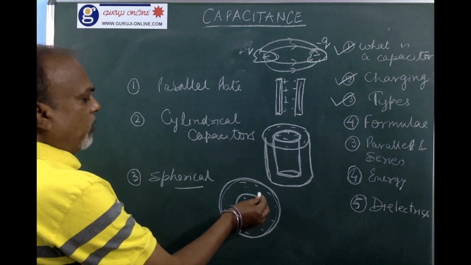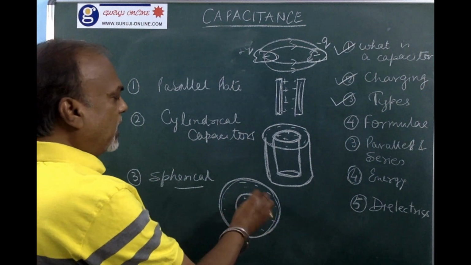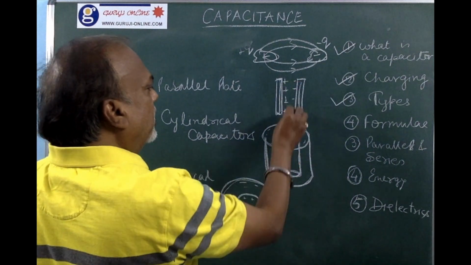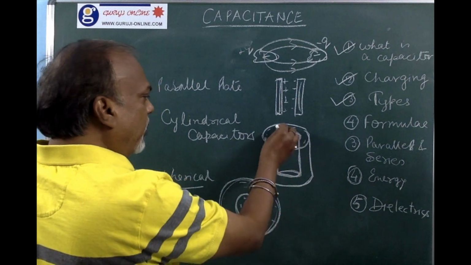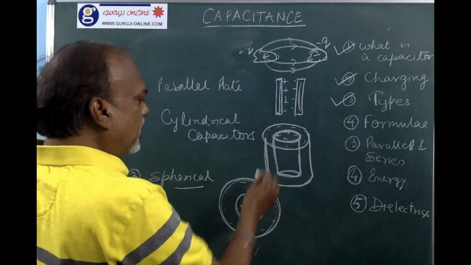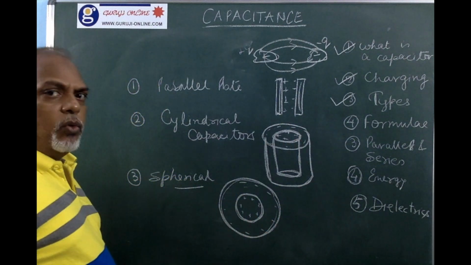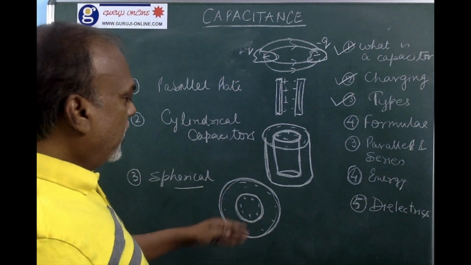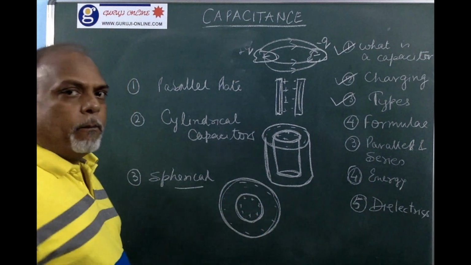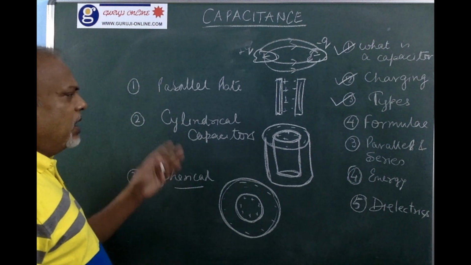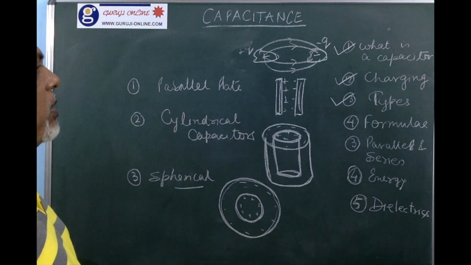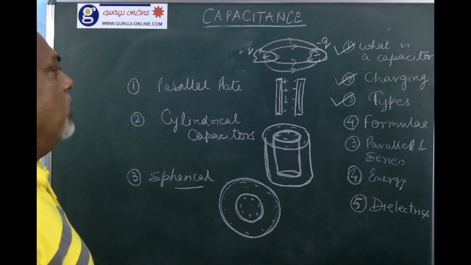Of course, don't forget there is a gap in between. Here the gap is there, there is a gap between two cylinders, here a gap between two spheres. This is the cross section area. So these are the commonly used types of capacitors.